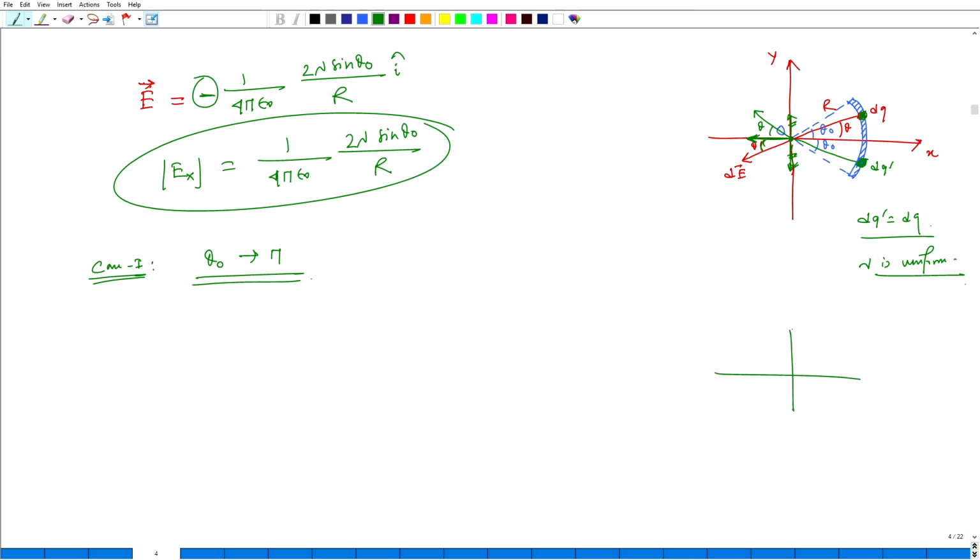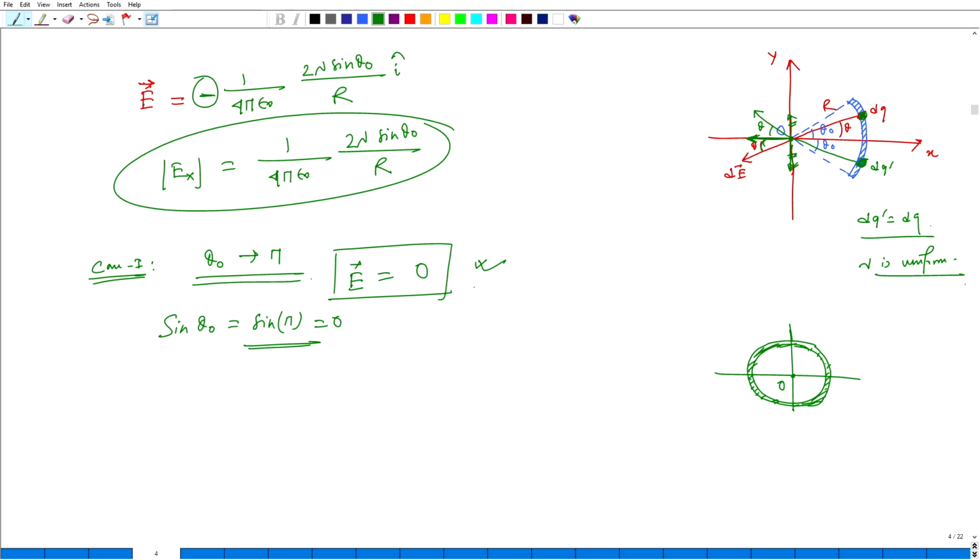So the strip becomes a full circle, and you calculate the electric field at the center O. We put in sin theta naught, which is sin pi, and this is 0. That means the electric field becomes 0.